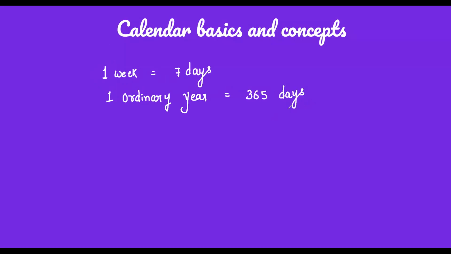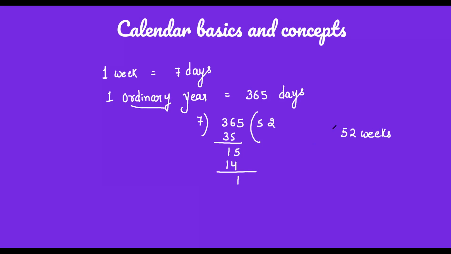If we want to find out how many weeks, we just have to divide by 7, and that's how much it comes. So 52 weeks. One ordinary year has 52 weeks, and this one is called one odd number of days.